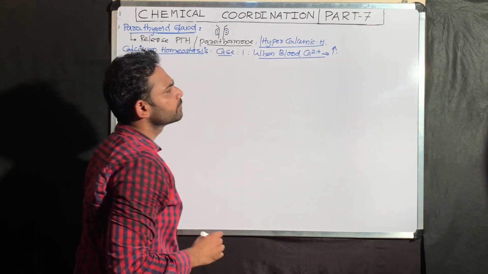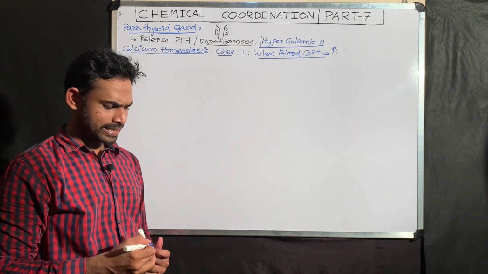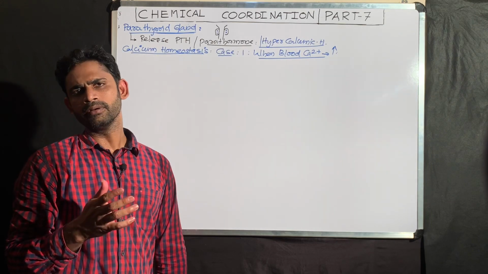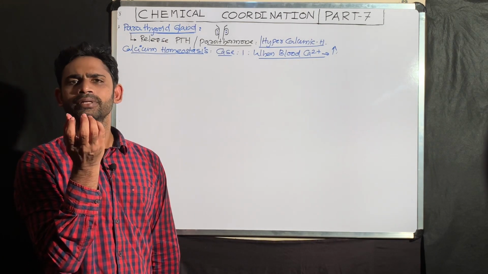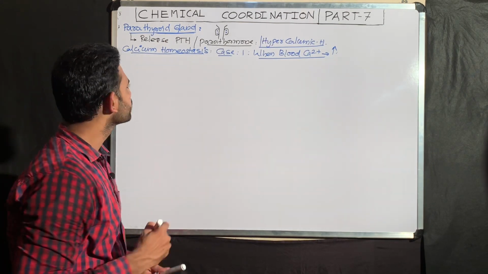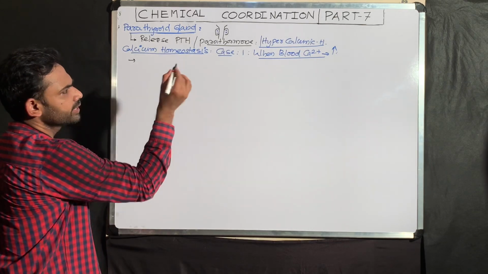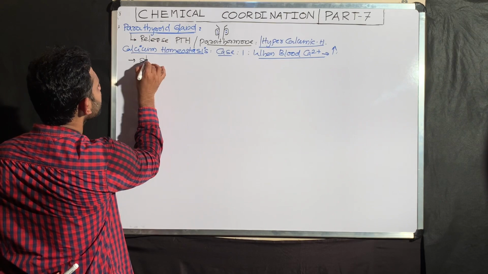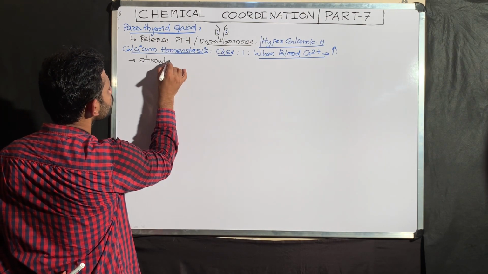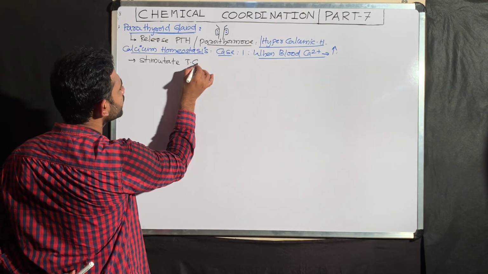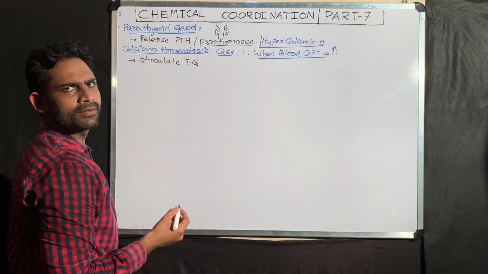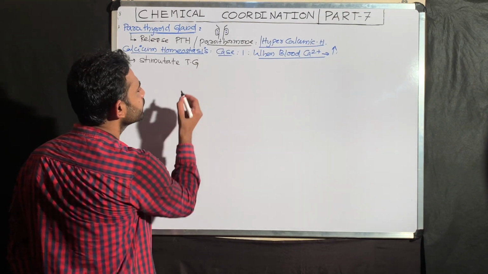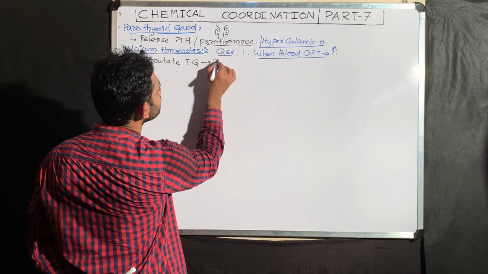When the blood calcium level is higher than normal, it wants to decrease. In this situation, what is going to happen? When the blood calcium level is high, it stimulates the thyroid gland, that is, the parafollicular cells of the thyroid gland, to release TCT.